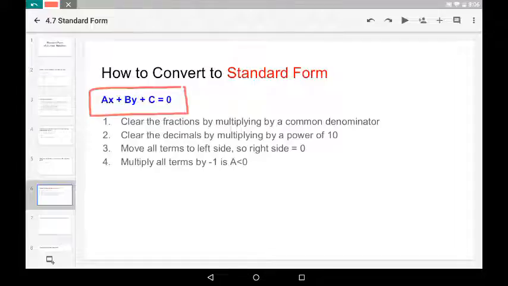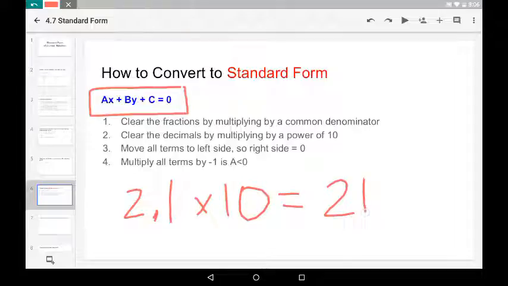If you have decimals, so say you had something like 2.1, you would multiply that by 10 to get rid of that decimal, because then you have 21. So if, say, a was 2.1x plus something y plus c equals 0, you would multiply all the terms by 10 to get rid of that decimal.